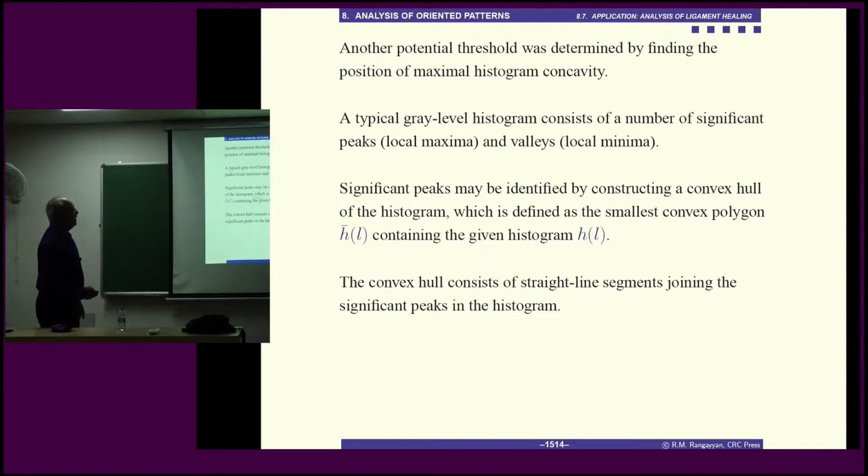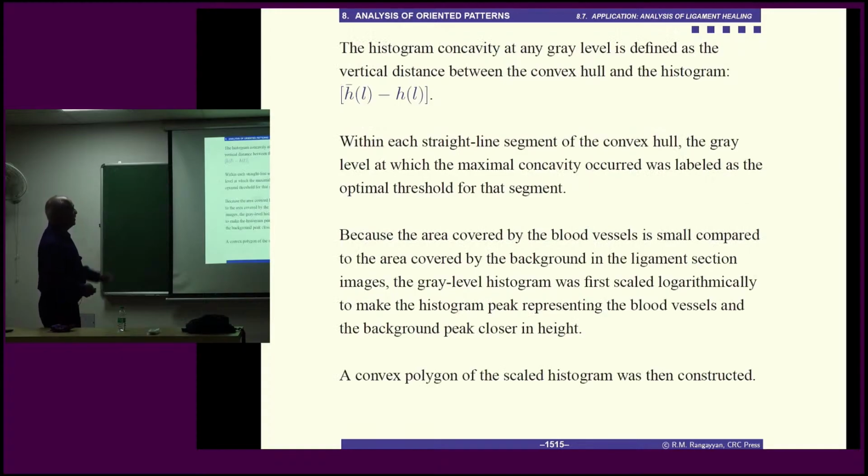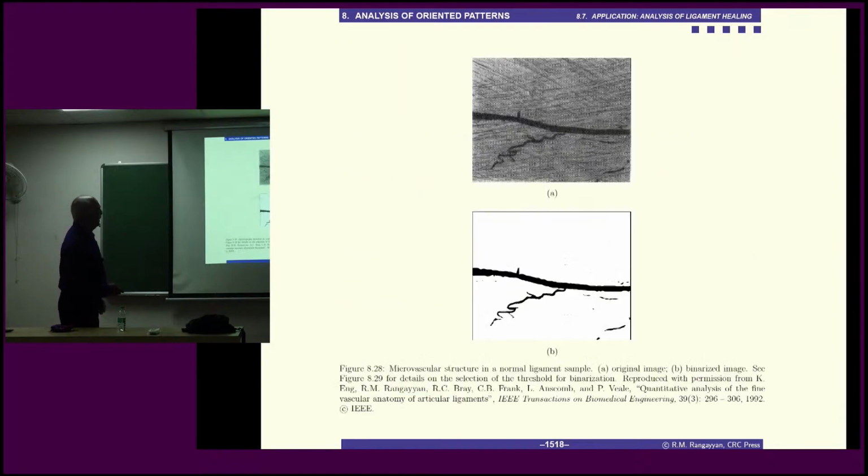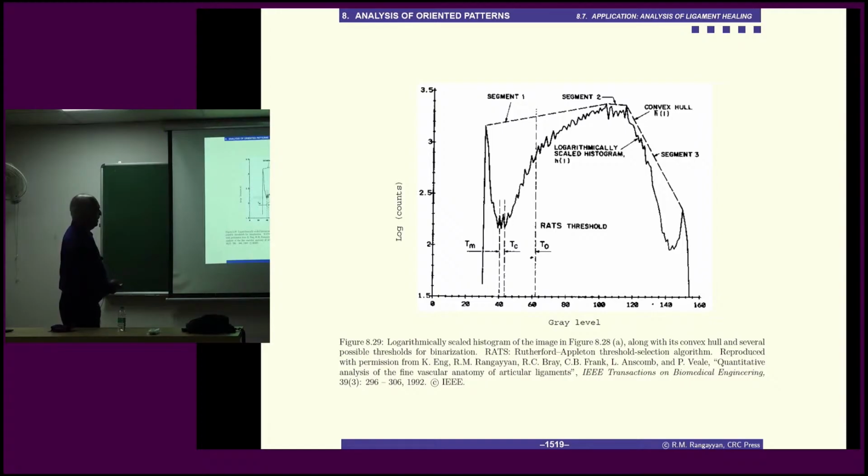You can also find peaks by identifying the convex hull of the histogram. And histogram concavity at any gray level is defined as the vertical distance between the convex hull H bar and the actual histogram H. So there are so many of these methods.